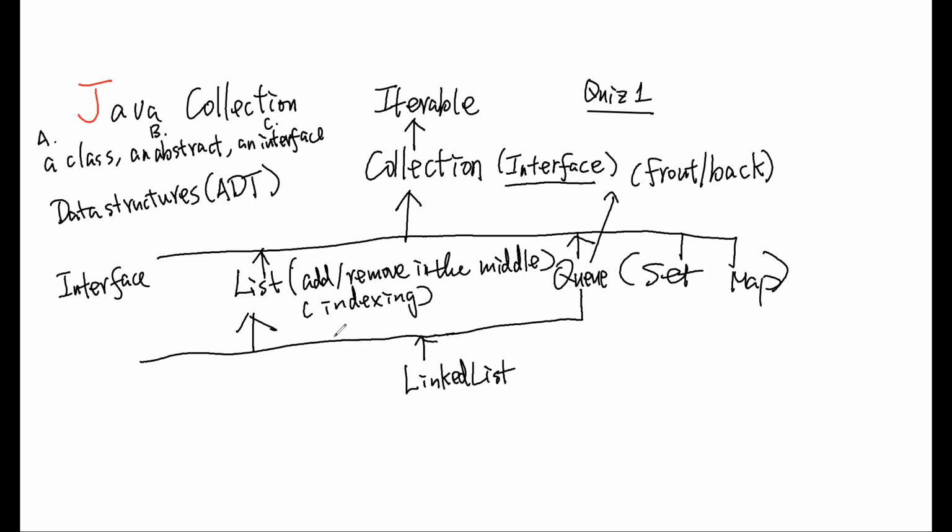But linked list also implements the list interface, so you can also add and remove in the middle, and get a specified item by indexing. So that's about linked list.